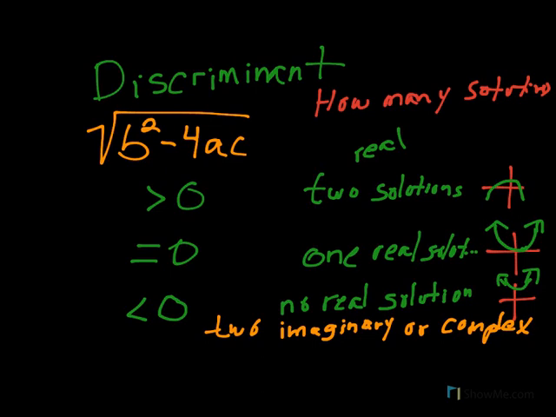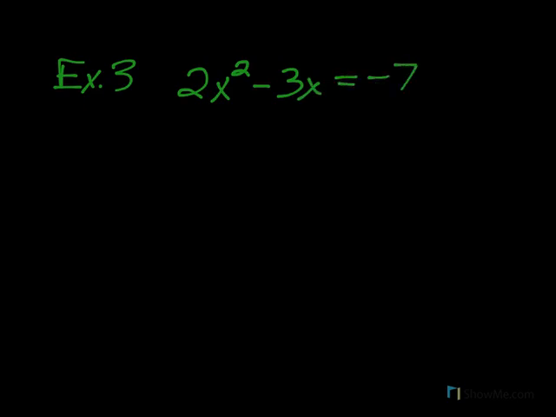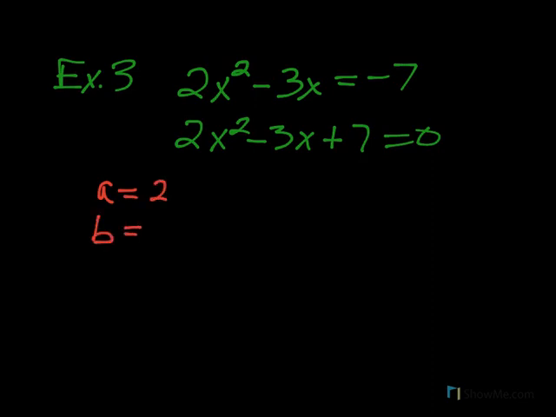So let me do the last example. Example 3. If I ask you how many solutions the equation 2x squared minus 3x equals negative 7 has, the first thing, to be able to know what A, B, and C are, is to set this equal to 0. So 2x squared minus 3x plus 7 equals 0. Therefore, A equals 2, B equals negative 3, and C equals positive 7.